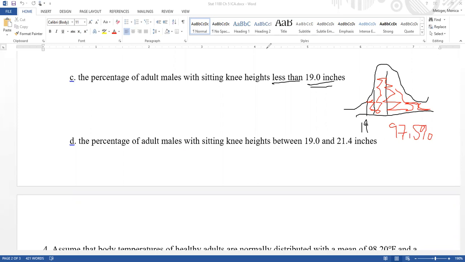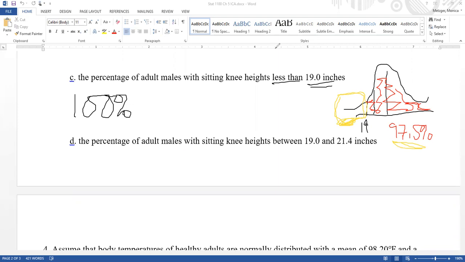So we know that the entire area under the curve is 100%. And now I'm looking for everything that's left over here. So I know that whatever's over here plus this 97.5 gives me 100%.